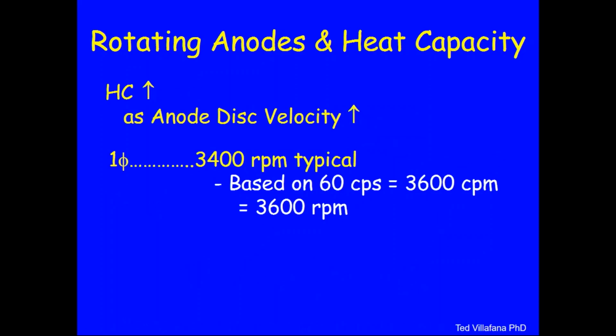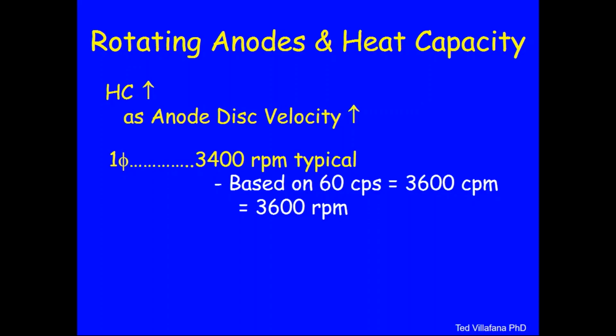How about disk velocity? How fast is it going? Here I made a calculation, calculating out a typical rotational speed. We usually work off of the line, the electrical supply that comes into the house, which is 60 cycles per second. That's 60 hertz. 60 cycles per second is 3,600 cycles per minute. Just multiply by 60, there's 60 seconds in a minute.